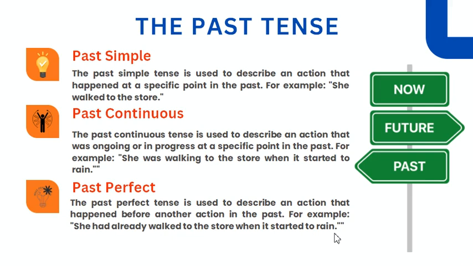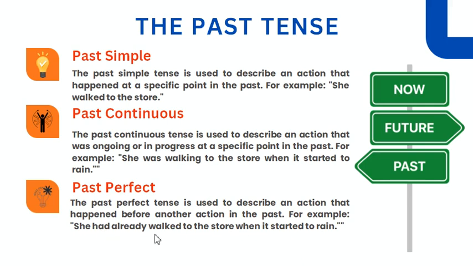So there are two things that happened in the past. One action is it started to rain. The other action is she walked to the store. Now the question is, which one was before the other?